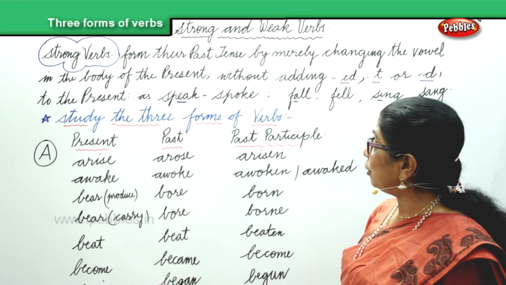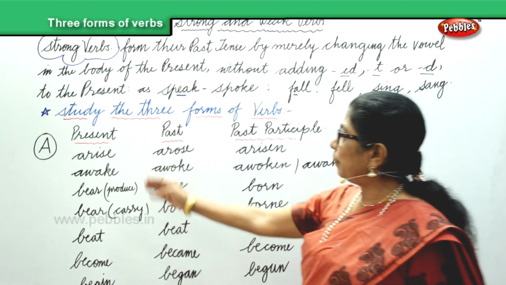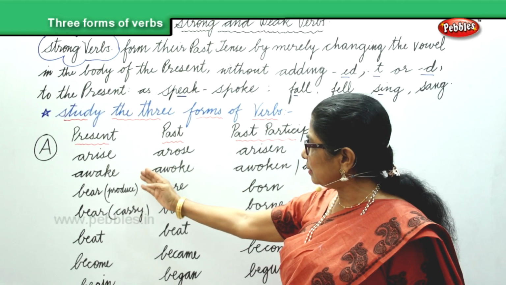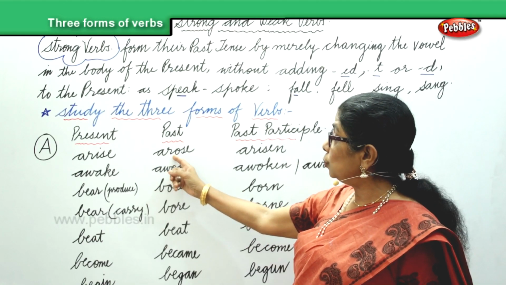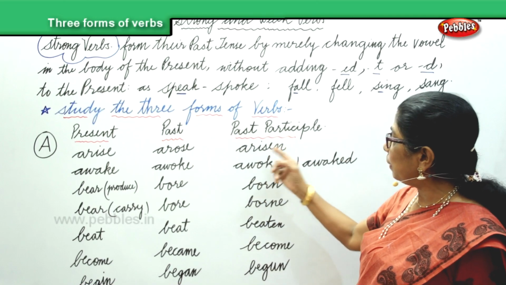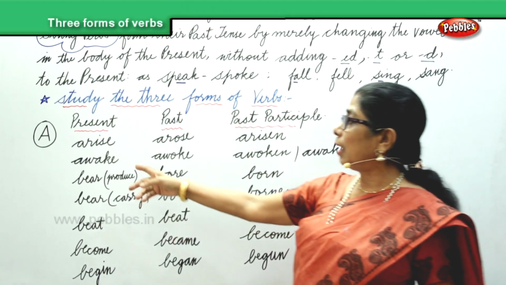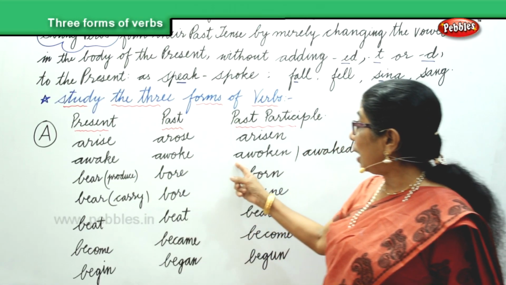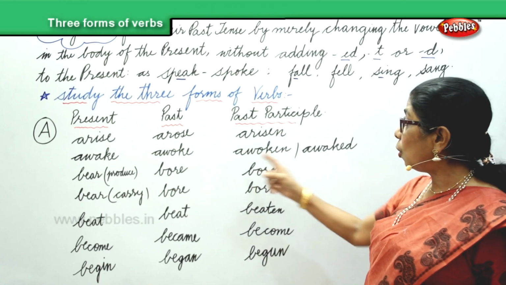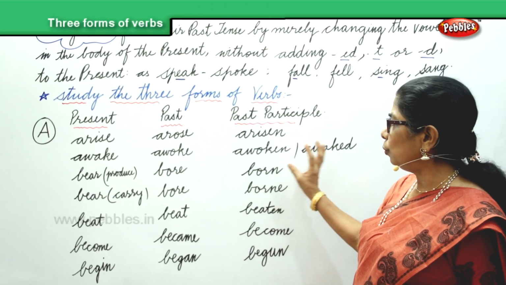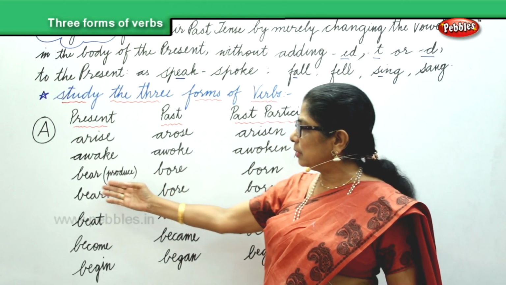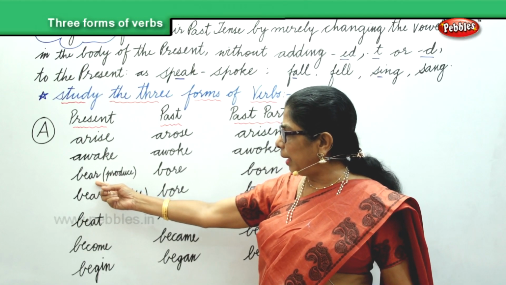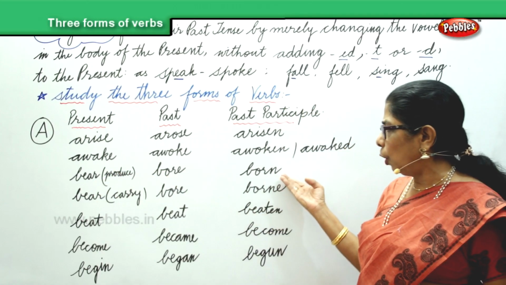So let us look at the strong verbs. We studied the three forms of strong verbs: the present, the past, and the past participle. Arise in the present, arose in the past, and in the past participle, arisen. Awake in the present, awoke in the past, and you have awaked or awoken. Two different spellings, two different words. Bear, here bear means producing something: bear, bore, born.